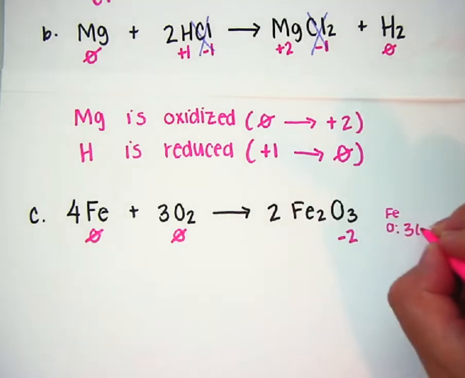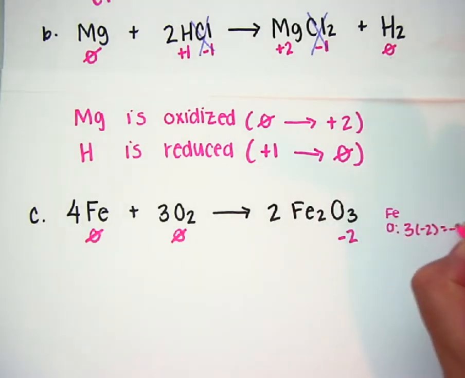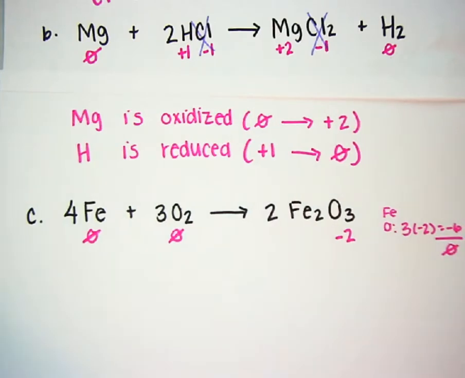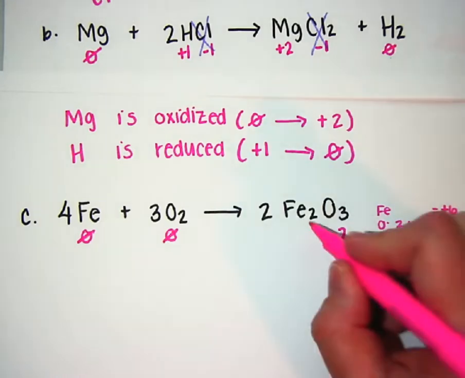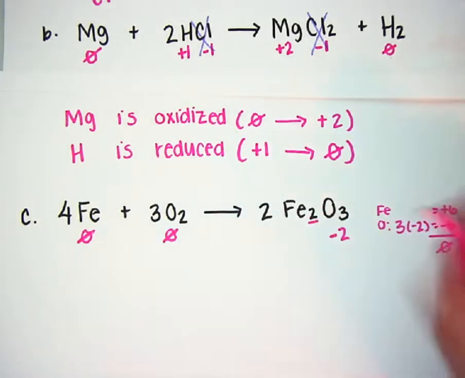3 oxygens, each with a -2, gives me -6. I know that the sum of my oxidation numbers must equal 0. Therefore, iron has to be +6. But here's where we have to be careful. I have 2 irons.